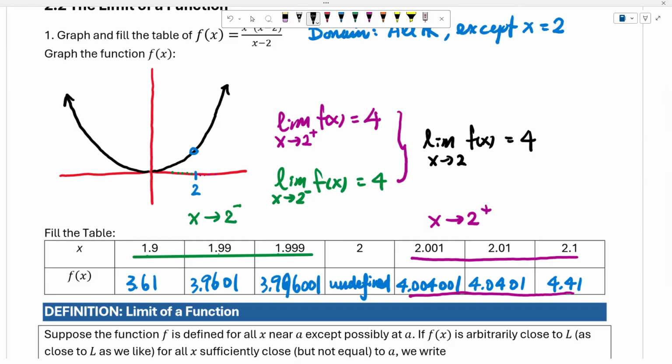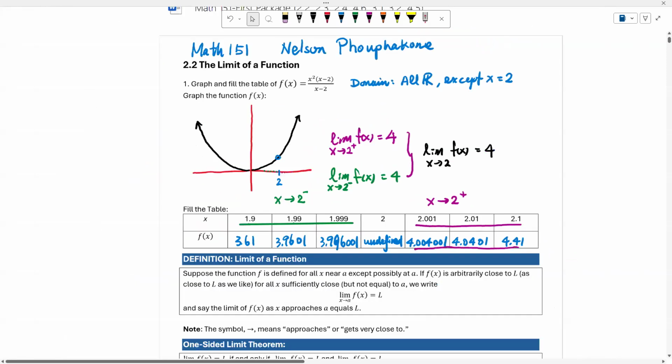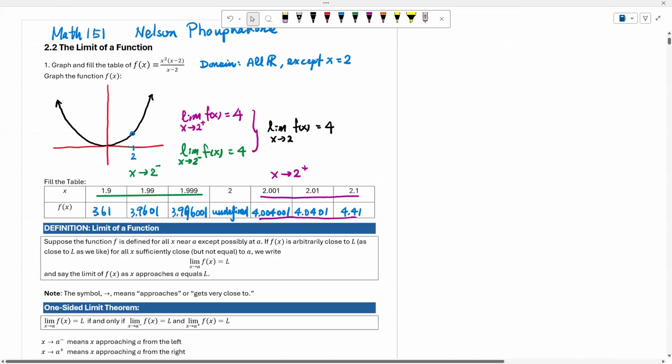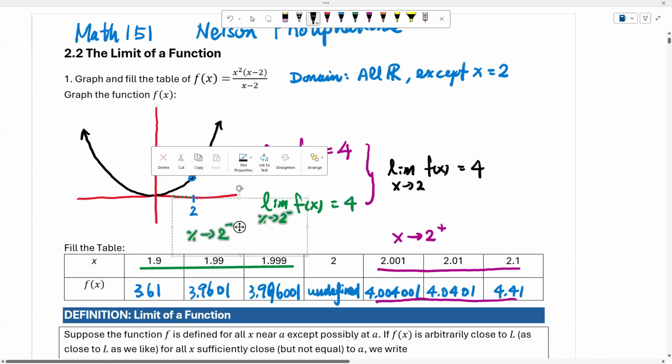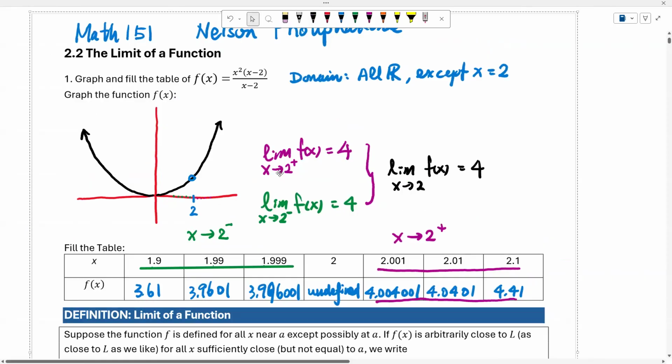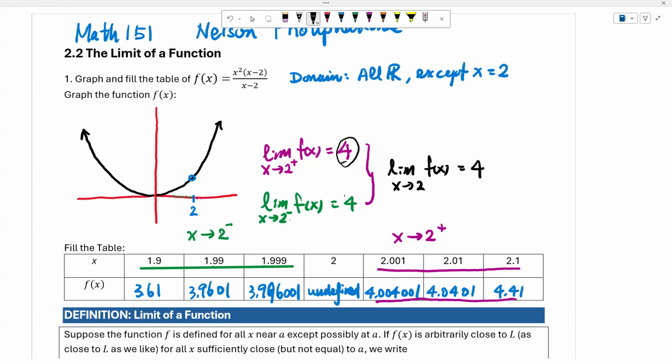If from the left and from the right, the outputs that you have are the same number, then the limit exists and the limit is equal to L. So in this case, the limit as x approaches 2 from the left and from the right both equal 4.